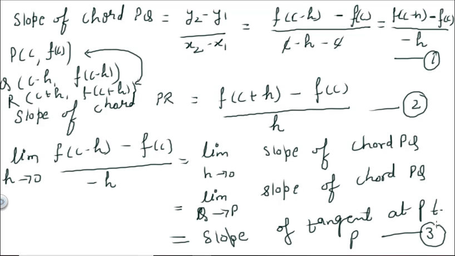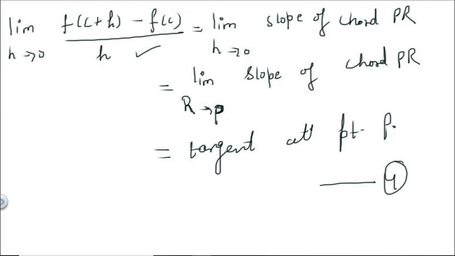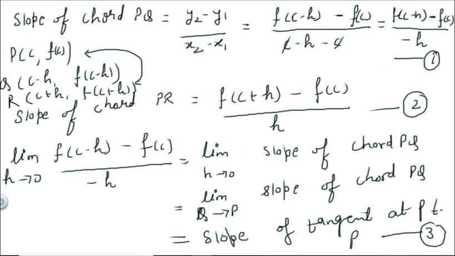Now you see the third equation and the fourth equation are resulting in the same thing, a tangent at point P. So I can actually equate equation 1 and 2. Right? So let us just equate them. I'll just take a new sheet and we will write on that. So what are we writing?